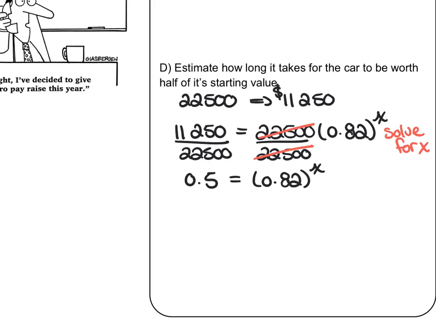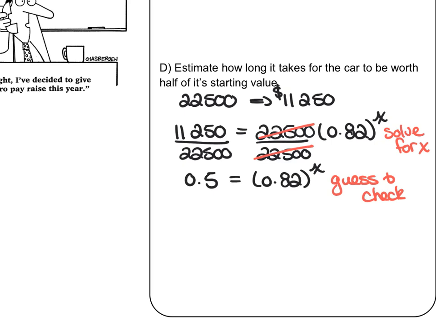Now, what we're going to do is what I call a guess and check. So all you're going to do is put values in to see when it happens. From right above, we notice that 6 years gives us about 6,000.